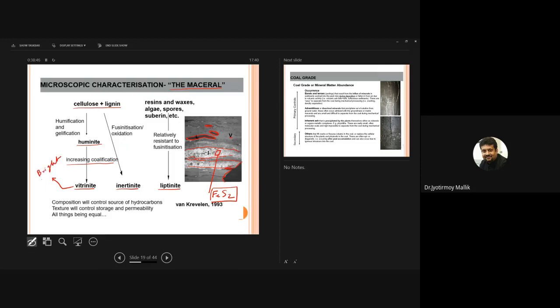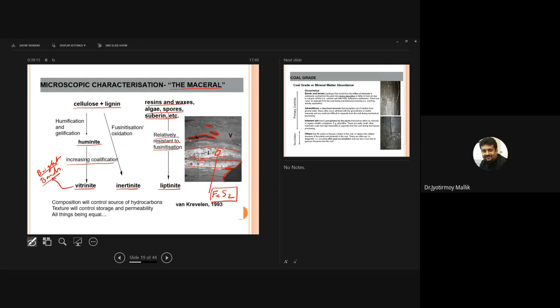Whenever I have a layer which is rich with vitrinite maceral, that will form my bright band. And then there are resins, waxes, algae, spores. They are relatively resistant to the fusinization process, and that is what we call liptinite. Those are preserved as liptinite.